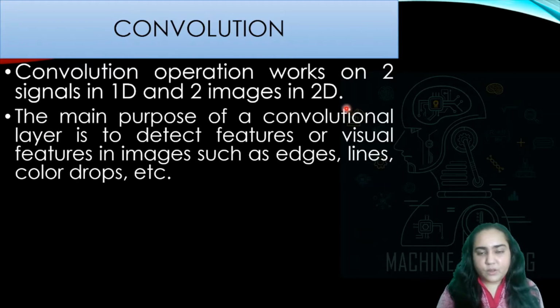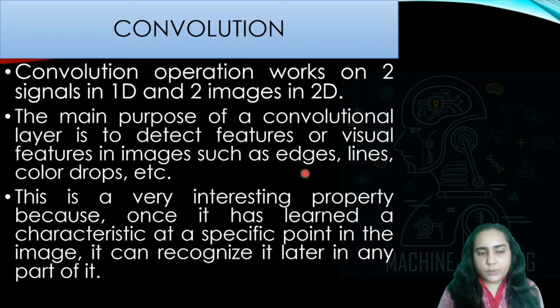The main purpose of a convolutional layer is to detect visual features in images like edges, lines, color drops, etc. Okay, so if you had an image where everything was white except there was one small triangle in between, then this convolutional layer would be able to detect it because of the edges and lines that the triangle has. So it's a very interesting property, because once it has learned a characteristic at a specific point on the image, it can recognize that characteristic later in any part of that image.